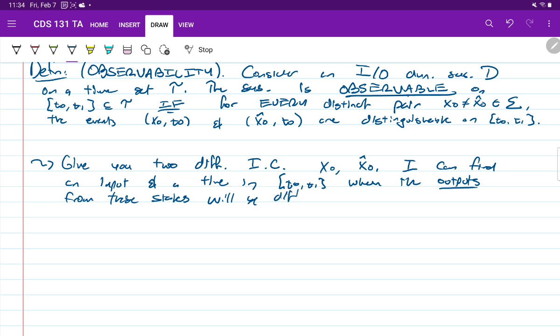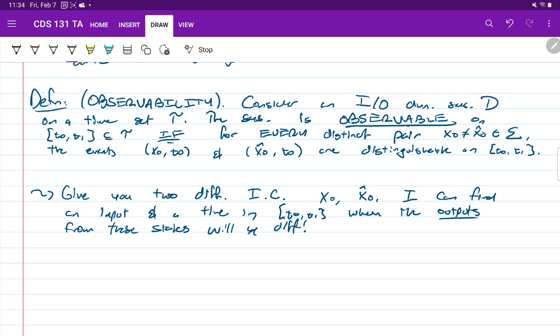Okay? So I can always find an input signal that picks out between two states. All right? And from this, I can reconstruct where my initial state actually was. So if I hand you two different initial states, then I can separate those two states from the output perspective with one particular distinguishing input.